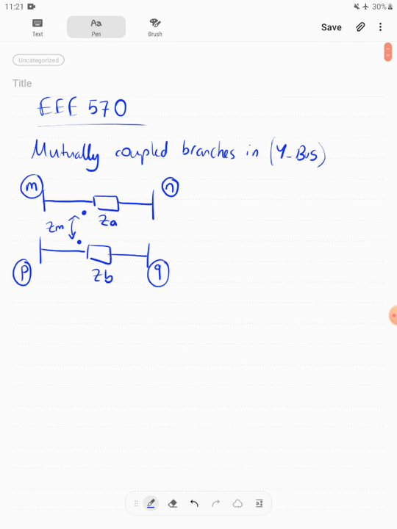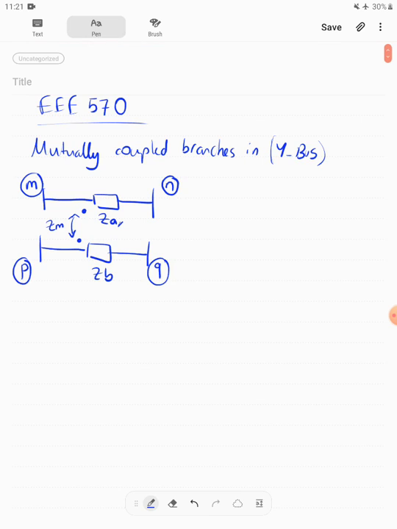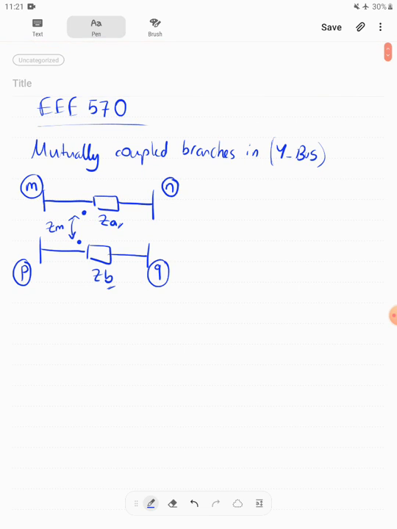So ZA is the self impedance of the upper line, ZB is the impedance of the lower transmission line, while Zm is the mutual impedance between these two transmission lines.